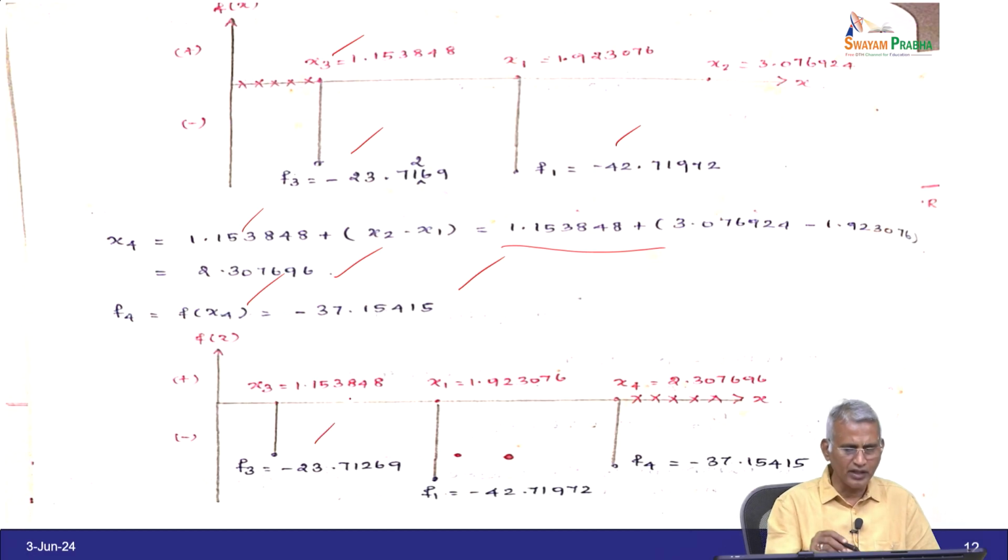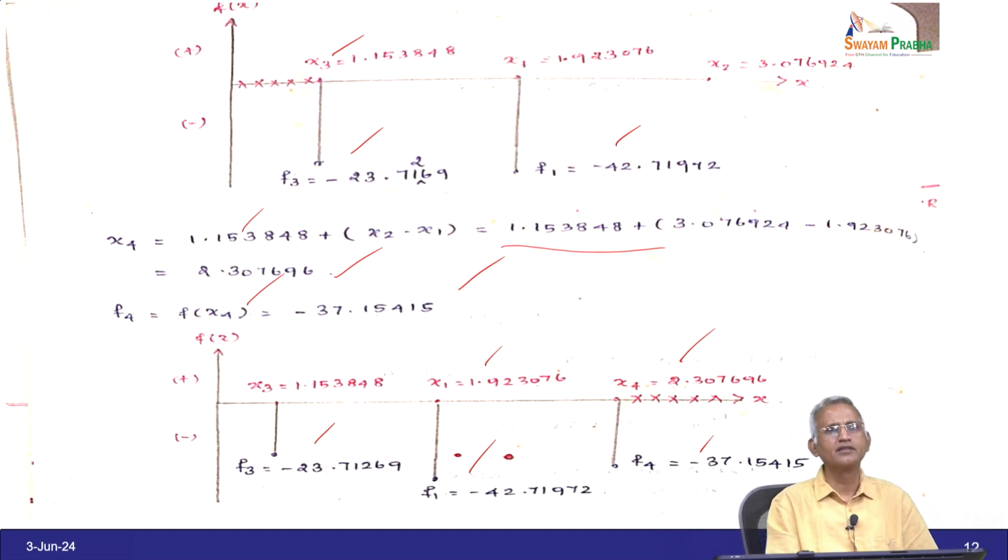x3 corresponding f3, x1 corresponding f1, x4 corresponding f4. Now check it out. Comparatively x3 is less than x1, less than x4, and f3, f1, f4 compare them. f3 is greater than f1 and comparatively f4 is lesser than f3 and greater than f1.